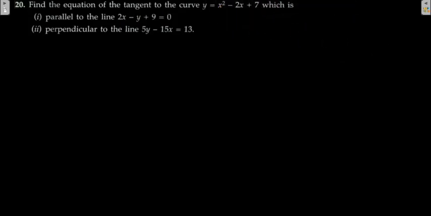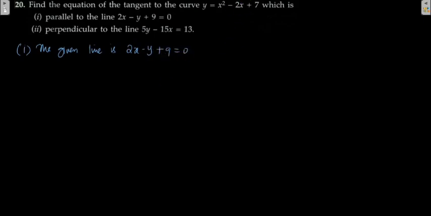So, the given line is 2x minus y plus 9 equals to 0.